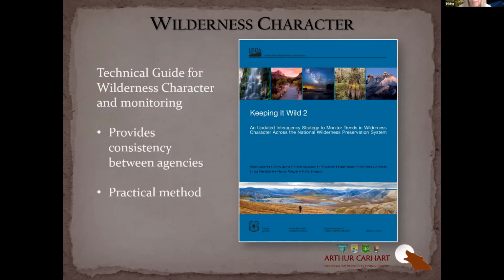How are we going to do that consistently, without these artificial agency jurisdictional boundaries? And so Keeping It Wild 2 set the stage for that. And there were some revisions after that was test driven for a couple of years. And so now our most current document is Keeping It Wild 2. Really sets the stage for protocols, provides for consistency between agencies and the practical.